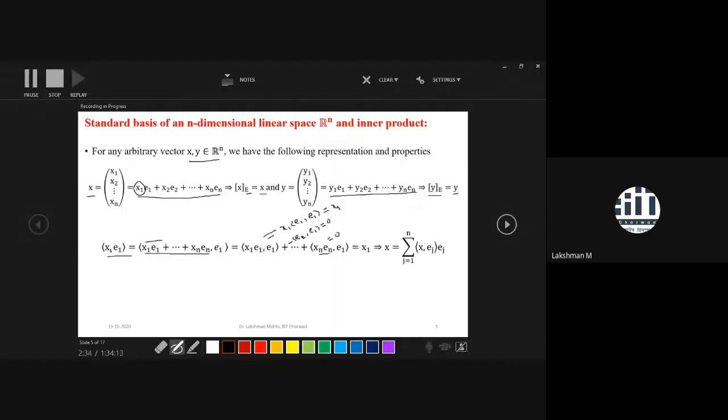Because the second term involves the dot product of E2 with E1, that inner product would be 0. The last term, the nth term, also becomes 0. So that's where we get x1 as the inner product of x with E1.